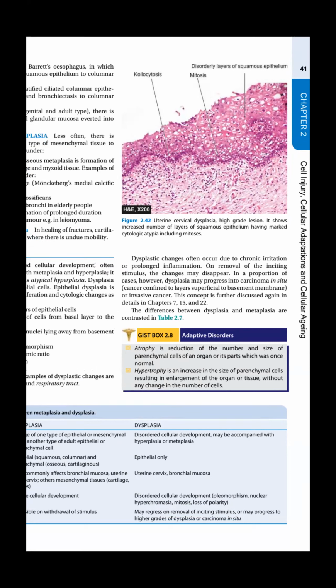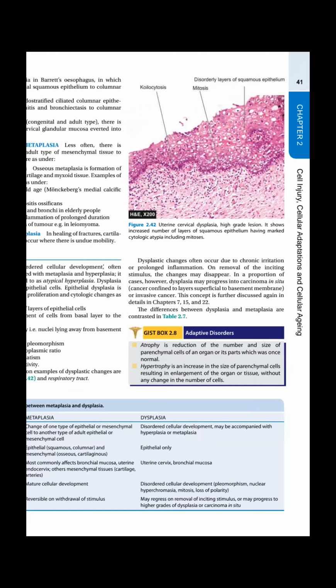Dysplastic change often occurs due to chronic irritation or prolonged inflammation. On removal of the stimulation, the change may disappear in a proportion of cases. However, dysplasia may progress into carcinoma if the stimulus or irritation causing it has not been removed. Is this clear to everyone?